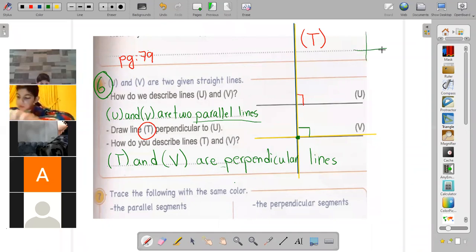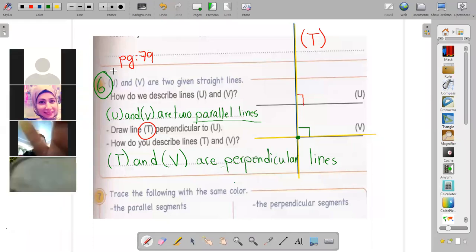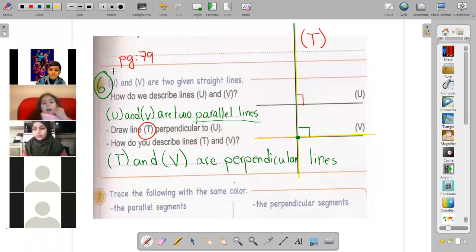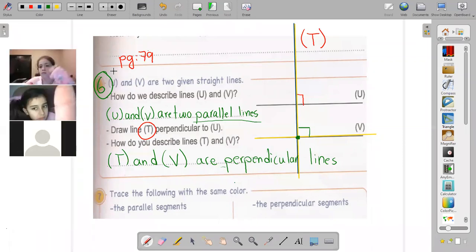They are perpendicular. U and V, not T and V. Yes, U and V are parallel. They're asking us about T and V. T and V are perpendicular.